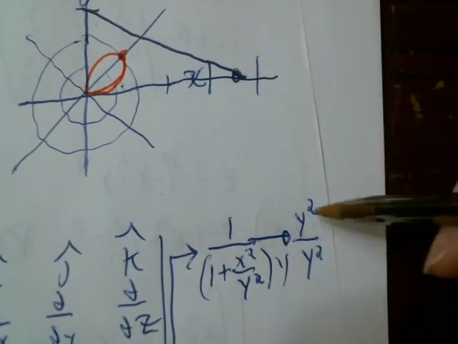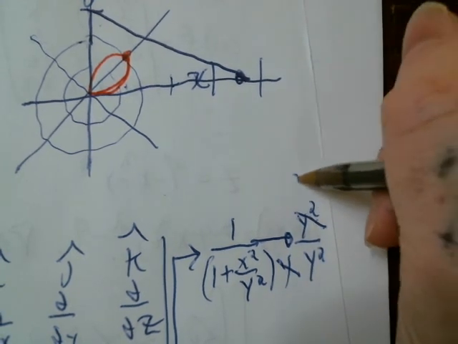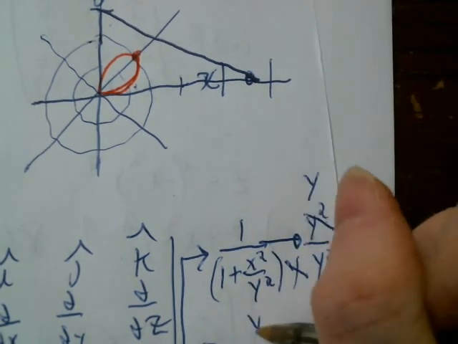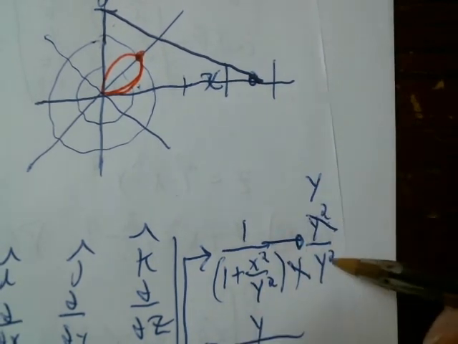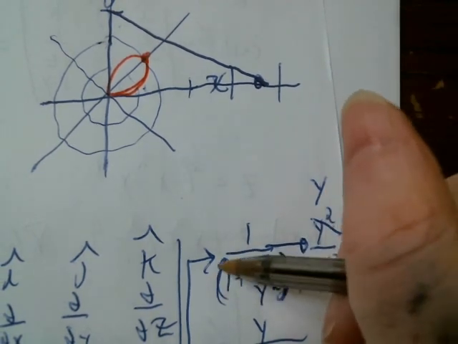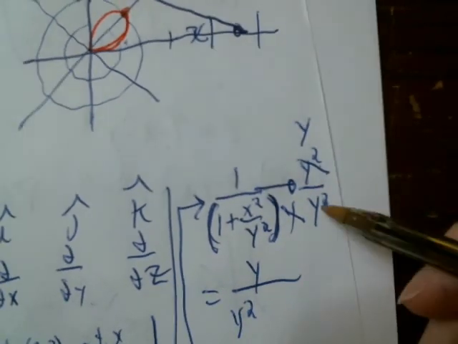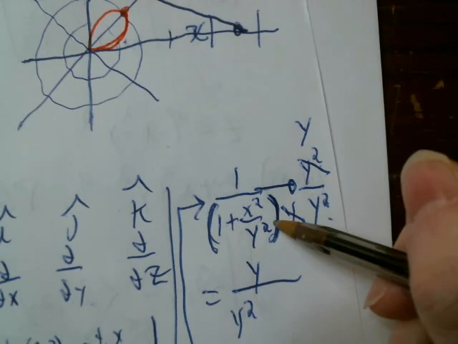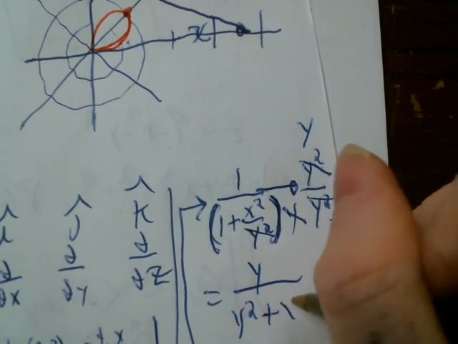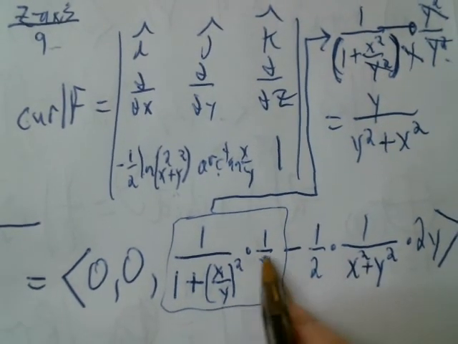First things first, this y will divide into that y squared, leaving you with 1y up in top. So I'll have y up in the top, and then I have y squared times this sum. So you'll have y squared times 1, which is y squared, and then y squared times x squared over y squared, the y squares will cancel, and you just have x squared. Okay, so that's what this mess is.